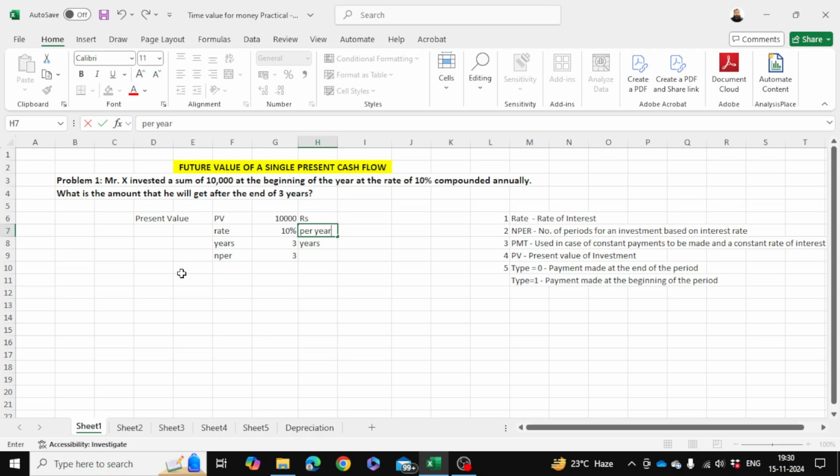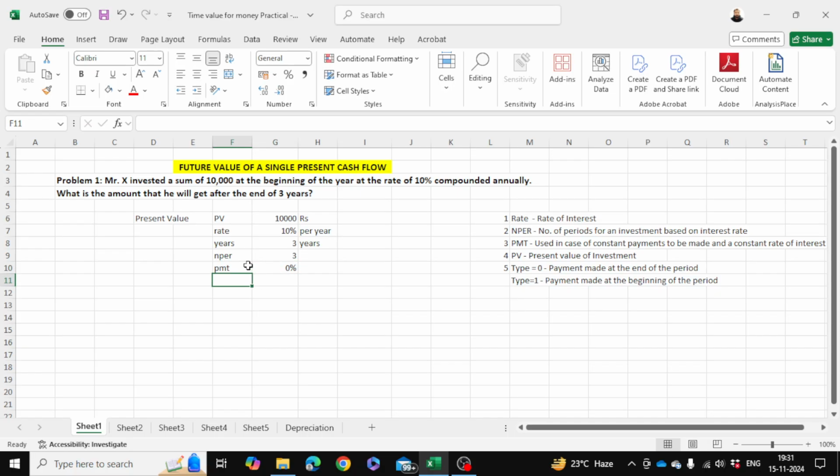Here you are being asked, what is the future value? Mr. X invested a sum of 10,000 at the beginning of the year at the rate of 10% compounded annually. What is the amount that he will get after the end of 3 years? PMT, we can write it down. If it is not given, you can still write it down. It is 0.